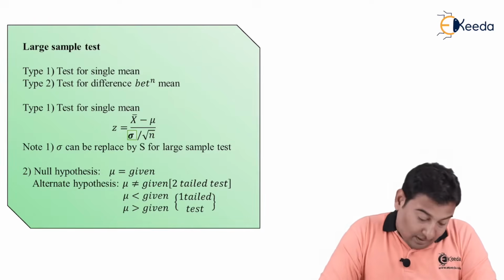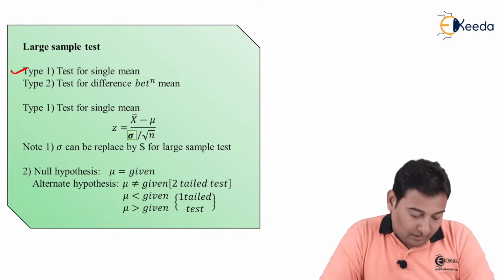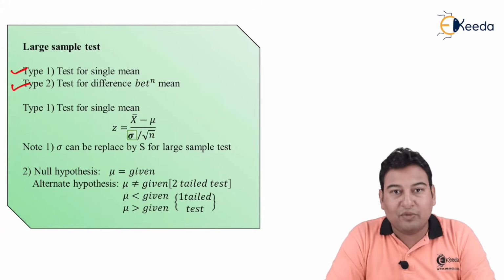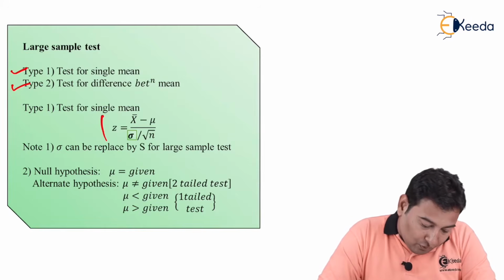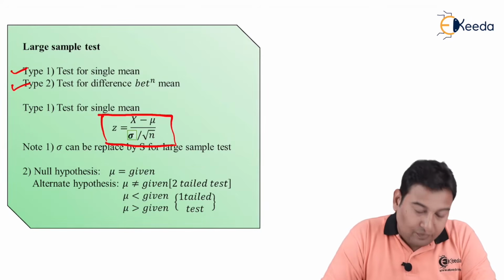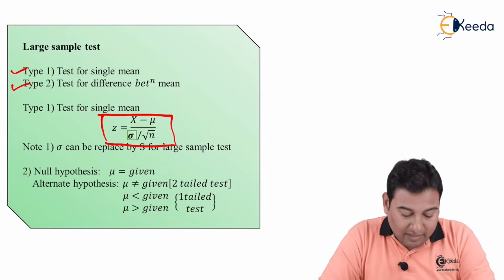So large sample test is divided into two types: test for single mean and test for difference between means. We're starting with the first type, test for single mean. This is the formula: Z is equal to x bar minus mu upon sigma by root n.